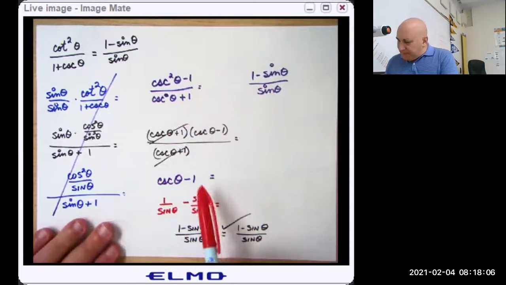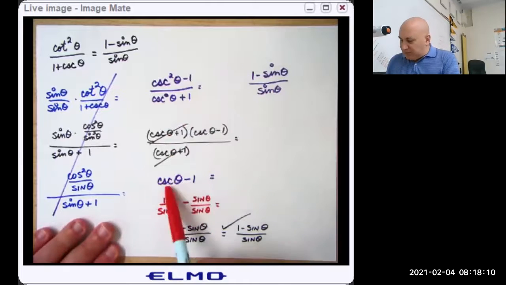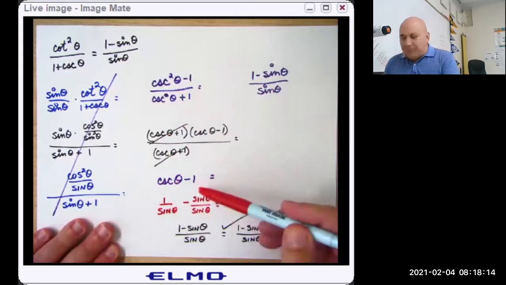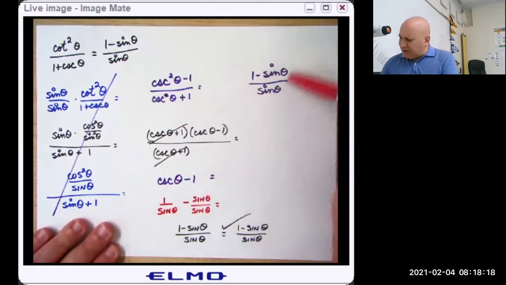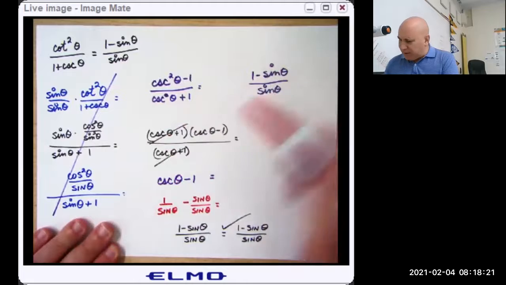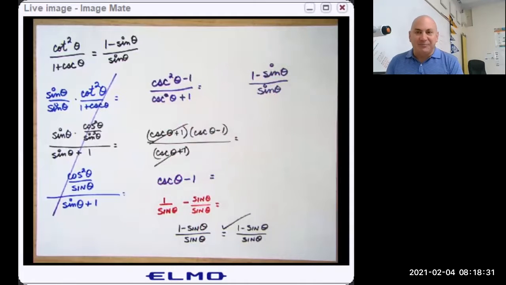All right. I'm kind of stuck, so I'm just going to make this 1 over sine theta. And then I see I need a 1 minus sine. Oh, look at that, sine theta over sine theta I know is 1. So I'm going to replace this 1 by sine theta over sine theta. Now I've proven the identity.